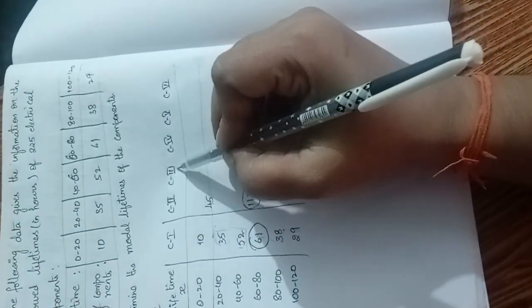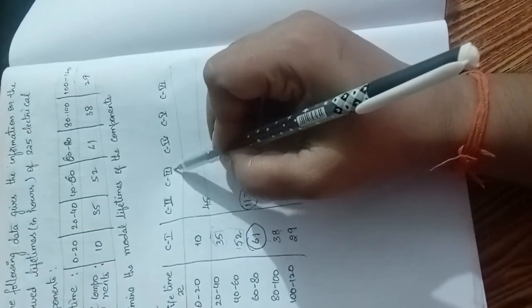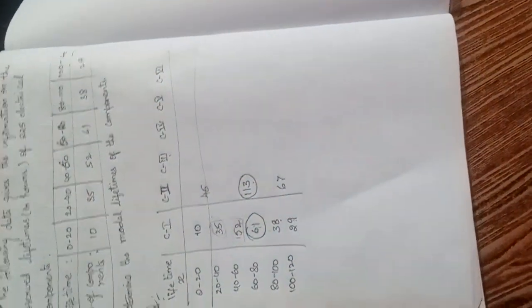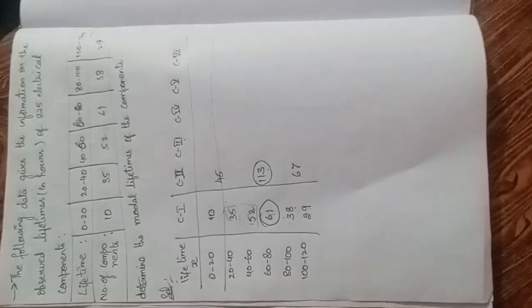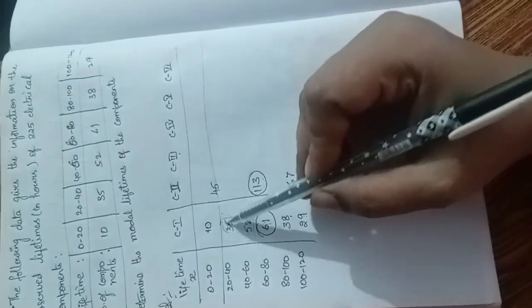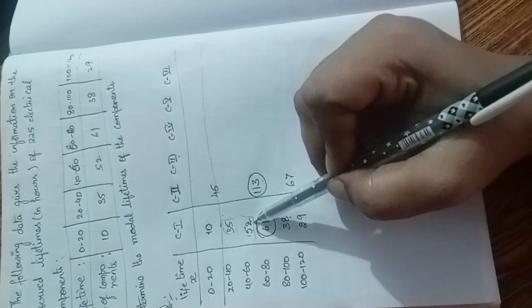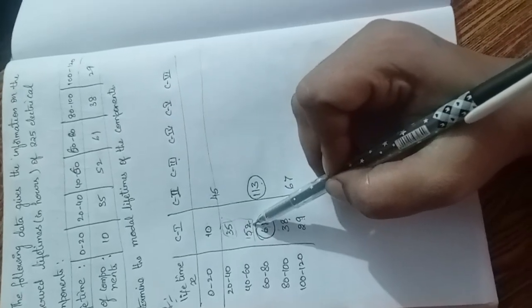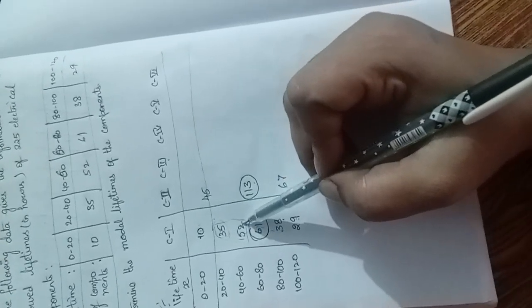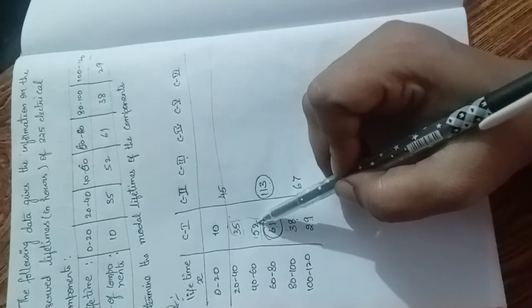Next in the third column, what you have to do is leave the first one and add the next 2, and the following 2. What you will get is 87.